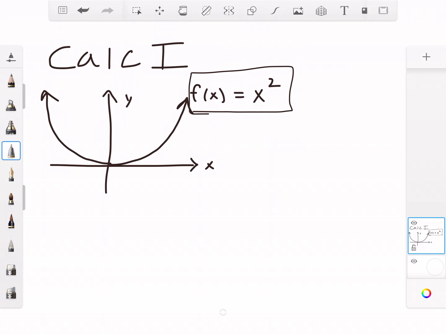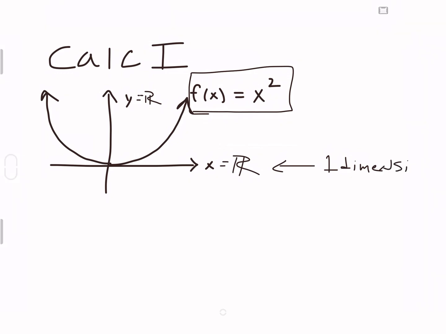All right, so the x-axis is the real line, the y-axis is the real line. The real line is dimension 1, so it's one-dimensional.